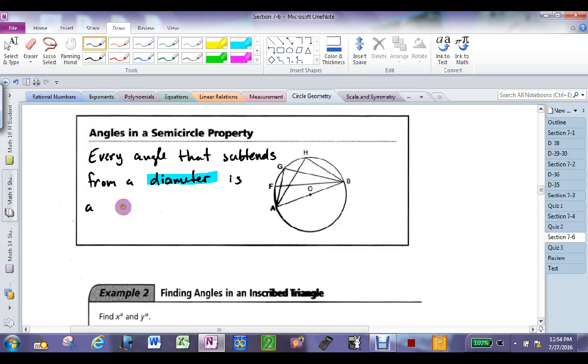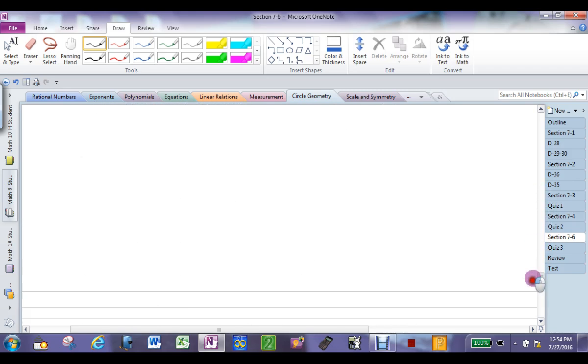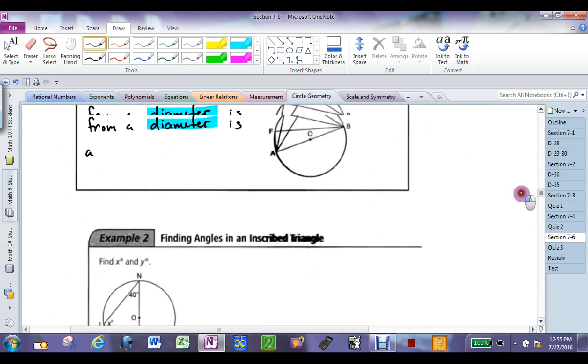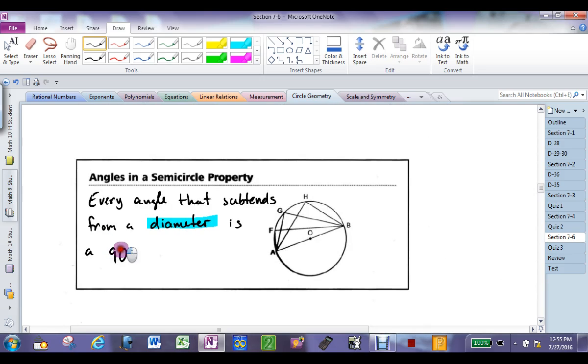We just did this as an experiment. You just did this, literally. You guys discovered this. I didn't even tell you it. I'll go back to our drawing. We took a diameter and we inscribed an angle from it. Right. Is a 90-degree angle.